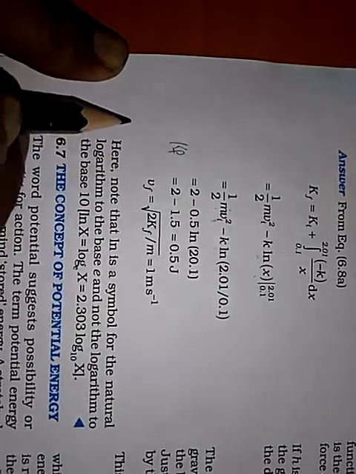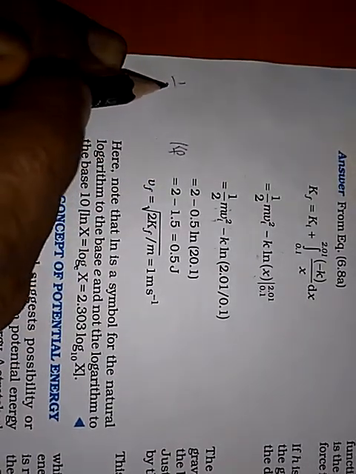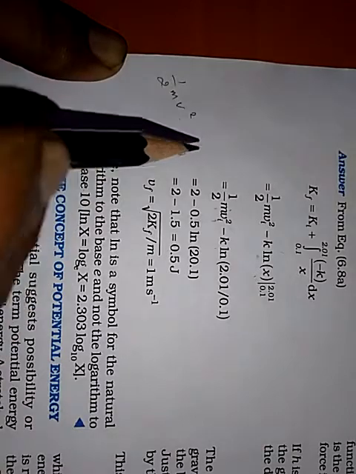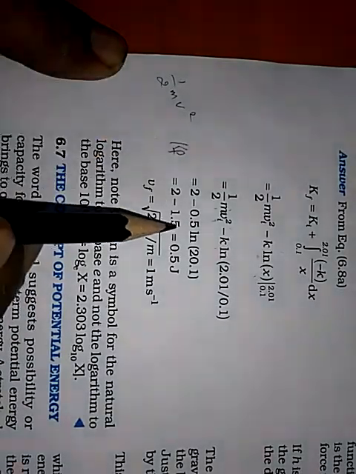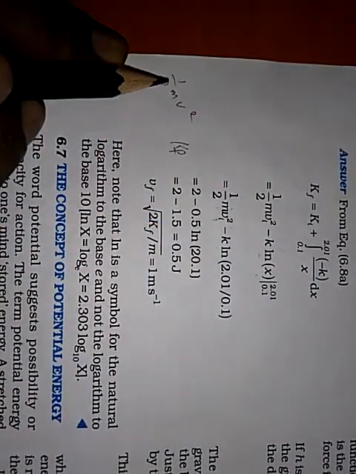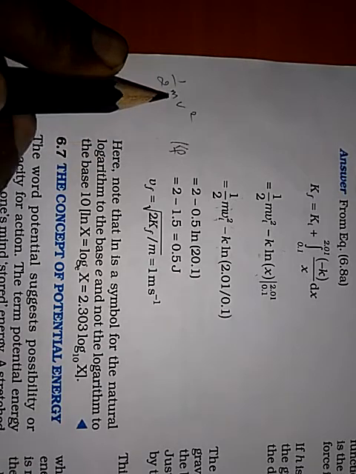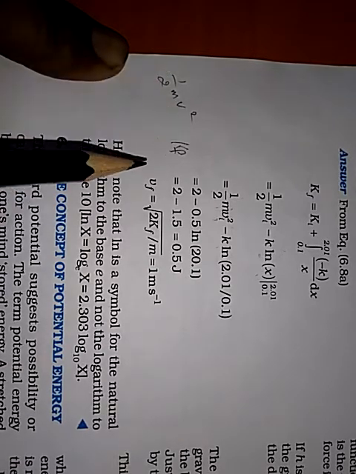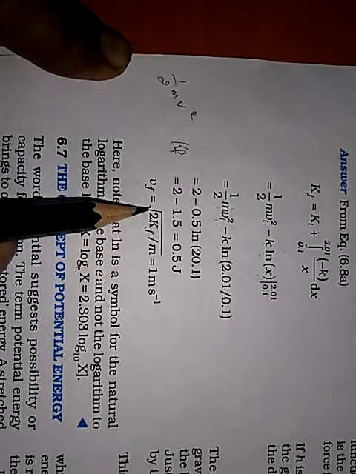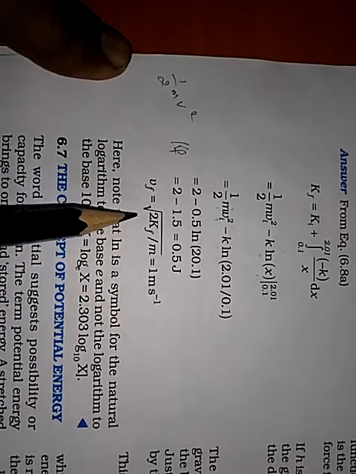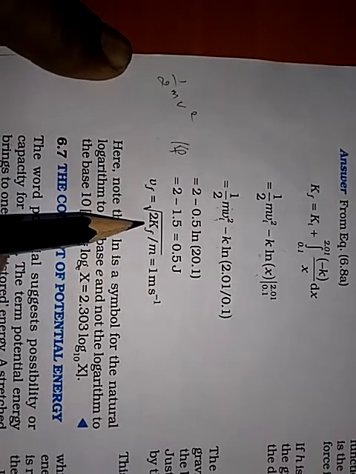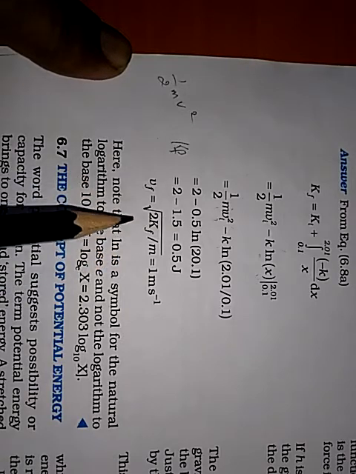that is equal to half m v squared. So bring the 2 and the mass to the other side, and for v squared you take the root. So Vf, the final velocity, is equal to the root of 2 times the final kinetic energy divided by m.